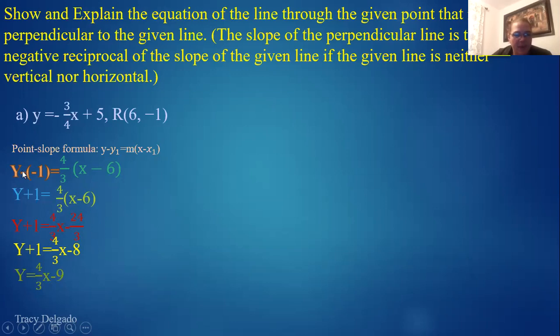Because as I said before, when you have minus a negative number, it makes it positive. Okay, in this one, we're going to have y plus 1 equals 4/3 x minus 24/3. Y plus 1 equals 4/3 x minus 8.